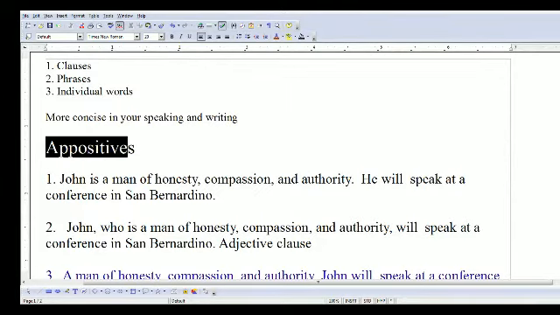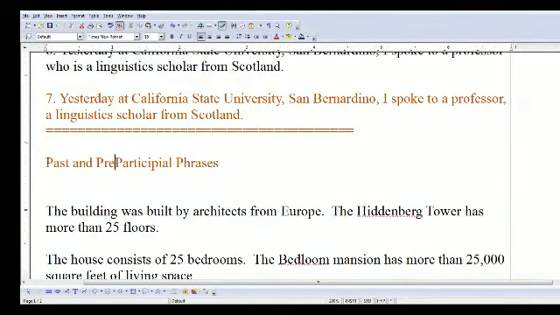See that? So for your TOEFL speaking and TOEFL writing, I want you to remember that appositives can be very useful grammar for you because you can say things with fewer words, so you can get more ideas in your writing or your speaking. I'm going to say past and present participial phrases.